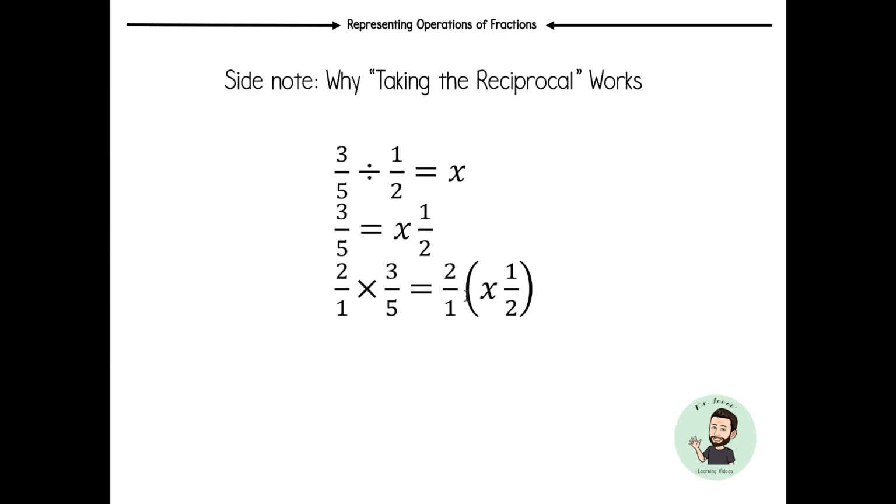And again, you can try that with simple numbers to see if it maintains equality, but you'll find out that it does. So because that cancels out, we end up with 2 times 3/5 equals x, or 2/1, which is the same thing as 2, which gives us 6/5. So yeah, that's why the taking the reciprocal method works.